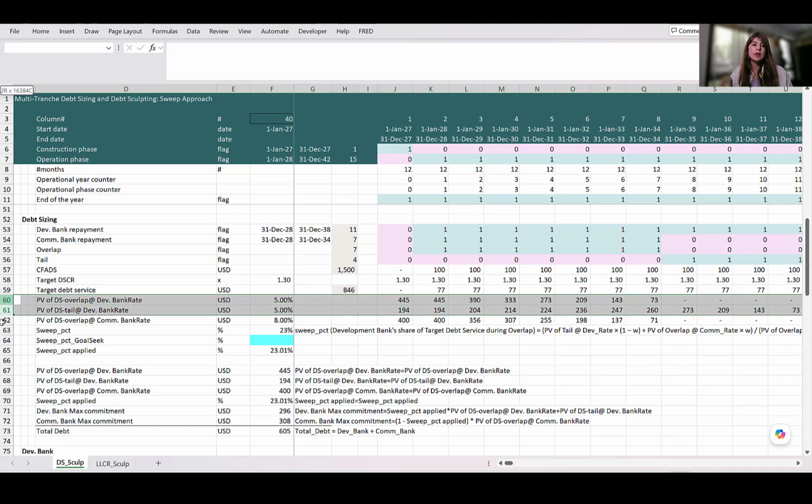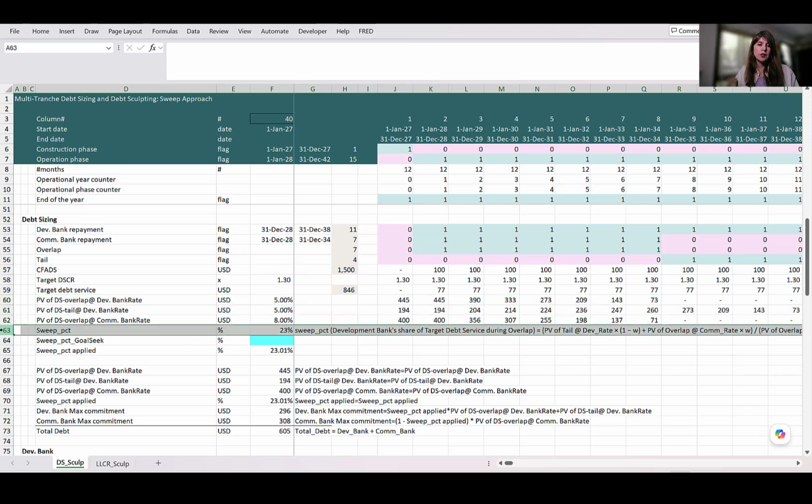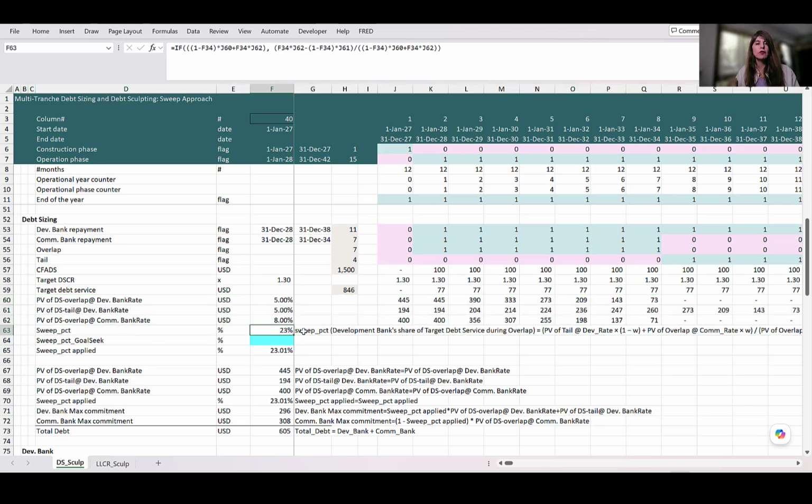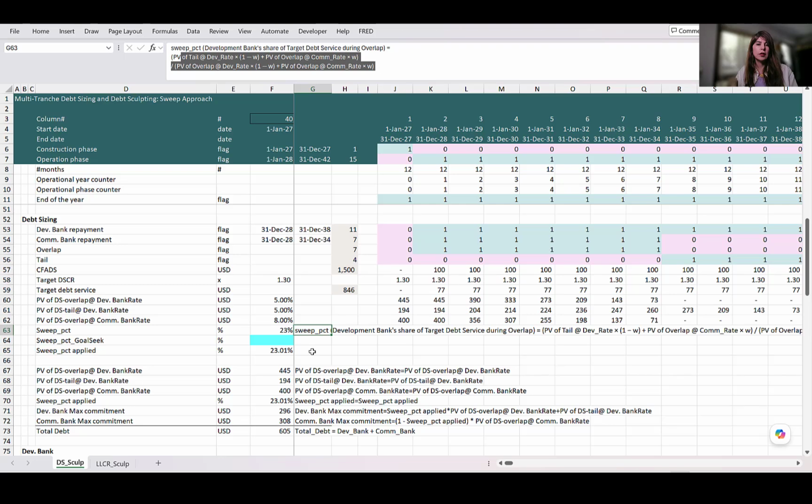And we use the different A and B and C components of the formula, which are the present value of the cash flow at different interest rate, to calculate our sweep percentage. So in this case, if we plug in this formula, which is just the weighted average of the present value of the target debt service, we get a share of 23% for the development tranche.